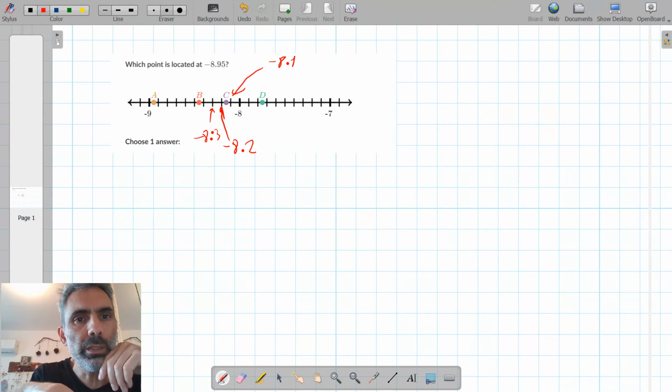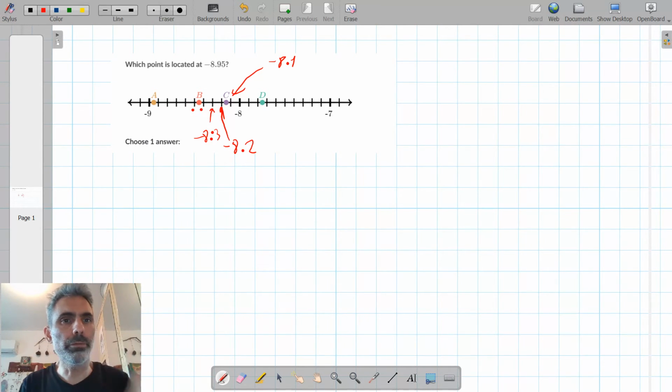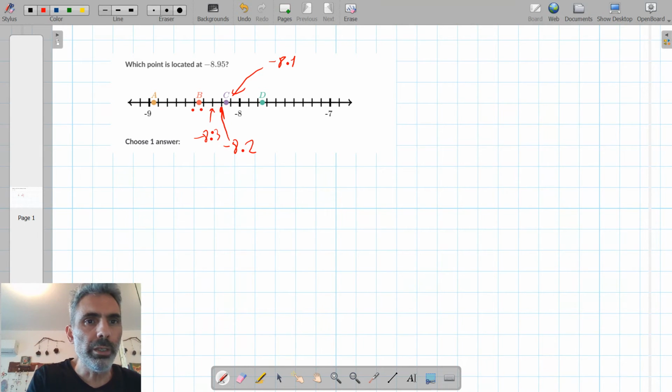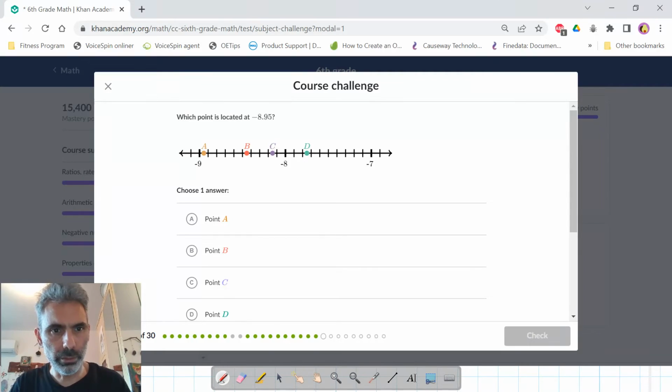So C is between minus 8.1 and minus 8.2, so it's about minus 8.15. And B is 4, this is 5, so B is minus 8.45, and A is closest to minus 9, so A is the right answer. Point A.